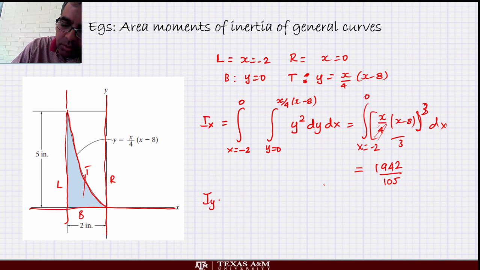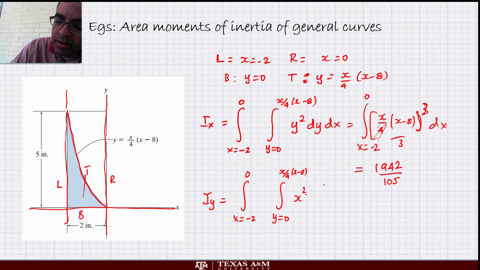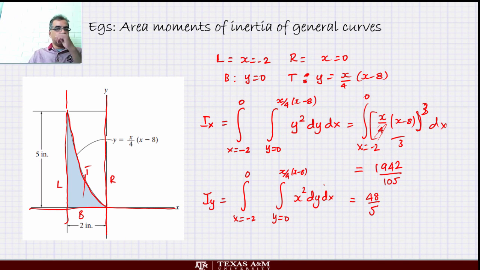Iy will be integral x equal to minus 2 to 0, integral y equal to 0 to x over 4 times x minus 8 of x squared dy dx, which if you integrate it, will turn out to be 48 over 5. That's how I compute. That's all.